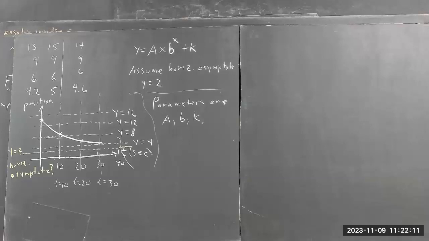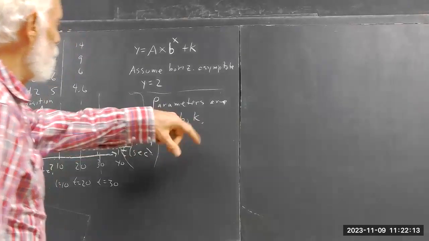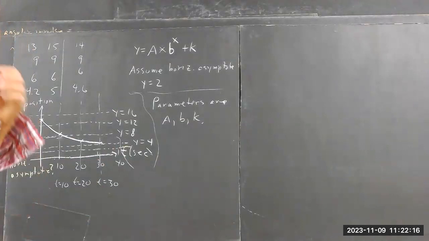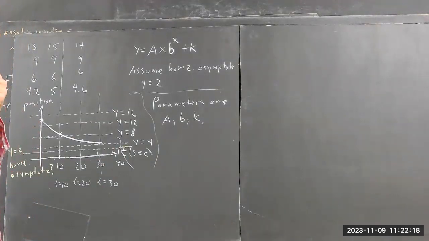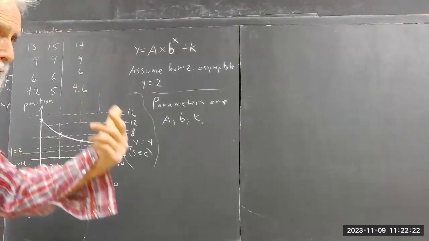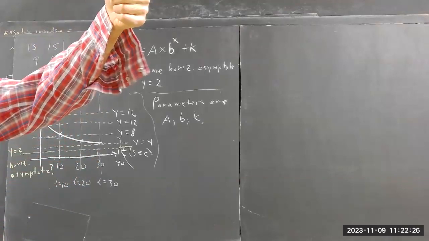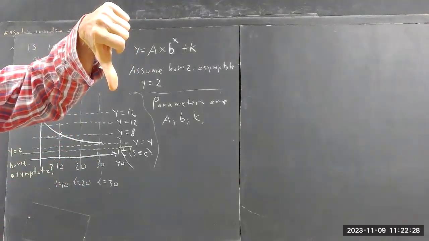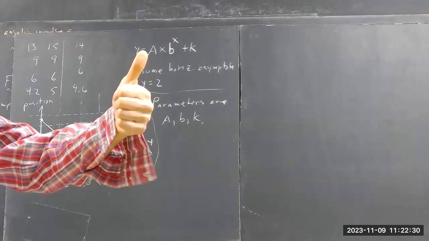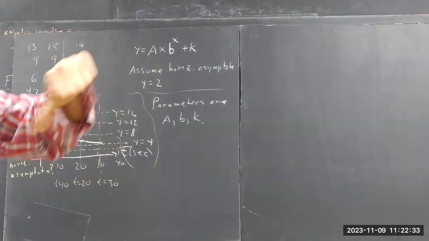Now, not totally clear what the parameter k is. Let's think about it. First of all, is b going to be greater than 0 or less than 0? Tell me, is b greater than 0 or less than 0? Sorry, is b greater than 1 or less than 1?